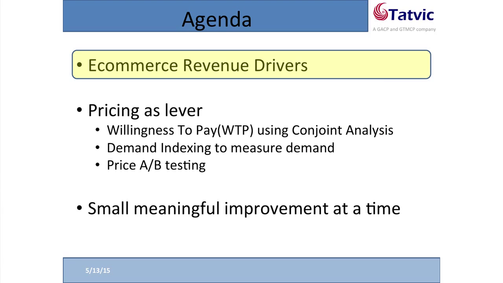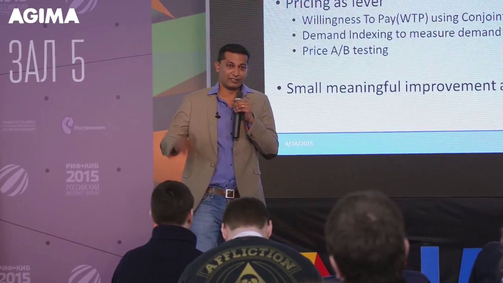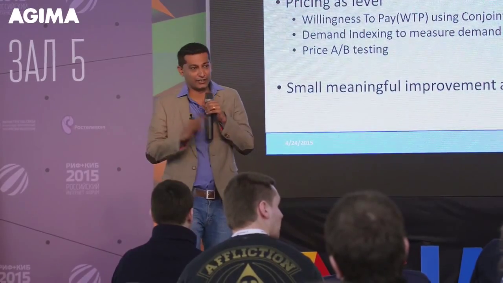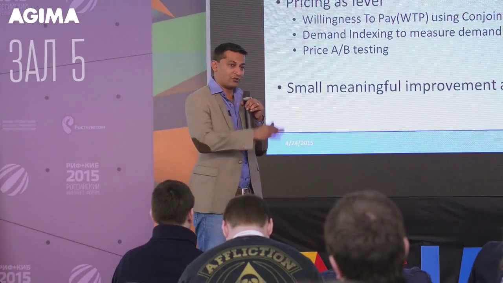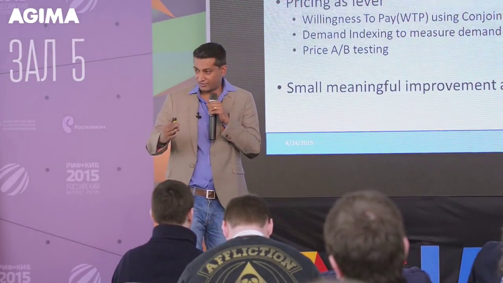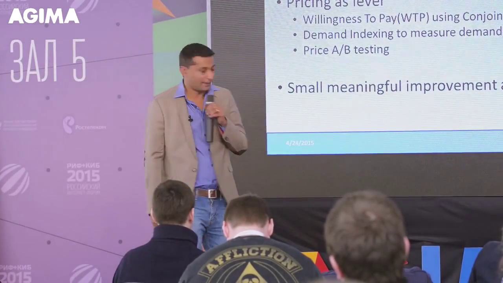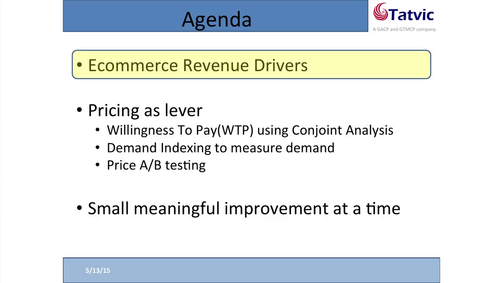And then lastly, I will talk about price A/B testing, which is, without really doing any server changes, without any coding, without any software, how do you test different price points and the reaction of consumers to different price points. Finally, I'll have a small story. It's actually a Russian story, so I'll leave you with the story to take action on. All right?